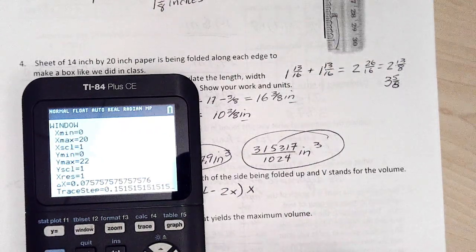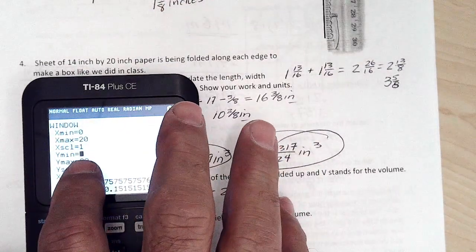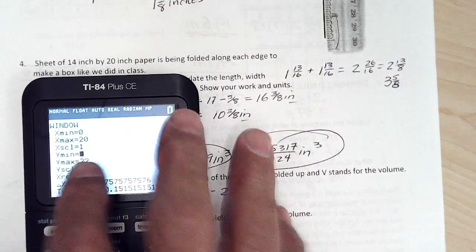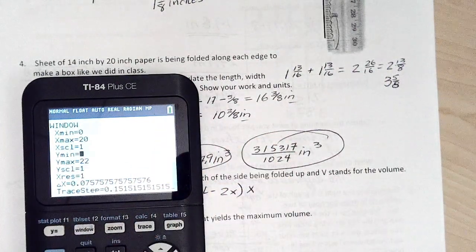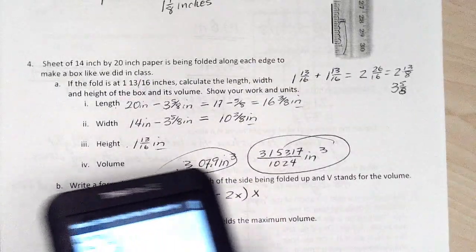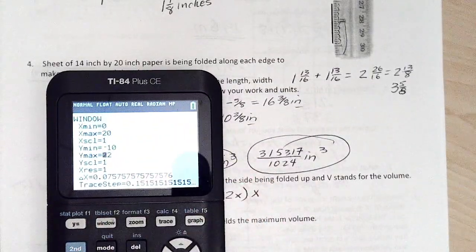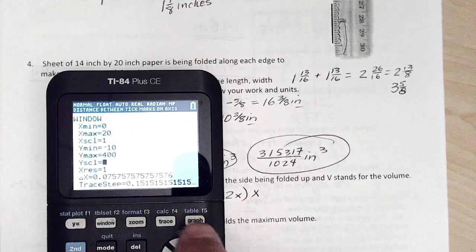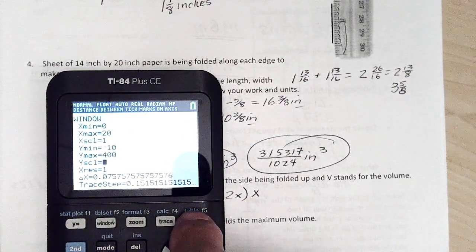And the volume has to be somewhere between 0, but I'll put minus 10 up to, let's see, well, we got an answer of 307, so I must need to go like 400. And then I'm going to push graph.